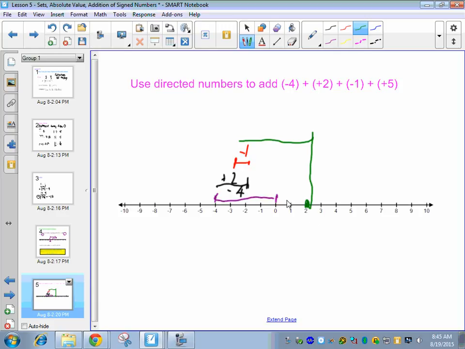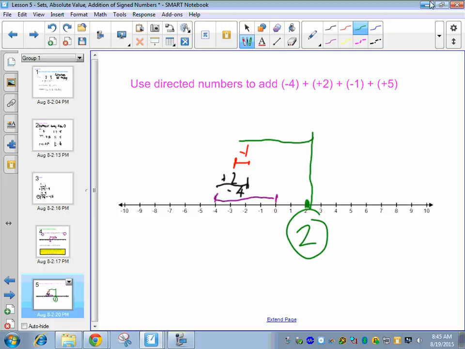So it might have worked better if I just said we're going to go from 0, back 4, up 2, back 1, and then up 5. And it ends us at 2. So that's just sort of a way to visualize it. Your answer would be 2 for that one.